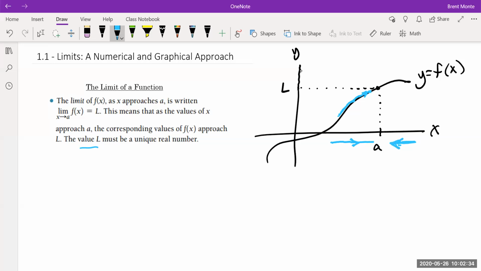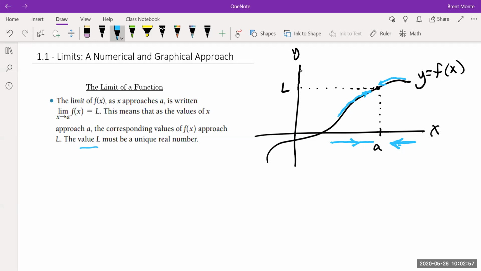I'm riding along the curve over here, and what is my y value getting close to? It's whatever that value of L happens to be. So coming in from the left and coming in from the right, we're going to the same value. That value L is what's referred to as the limit of the function.